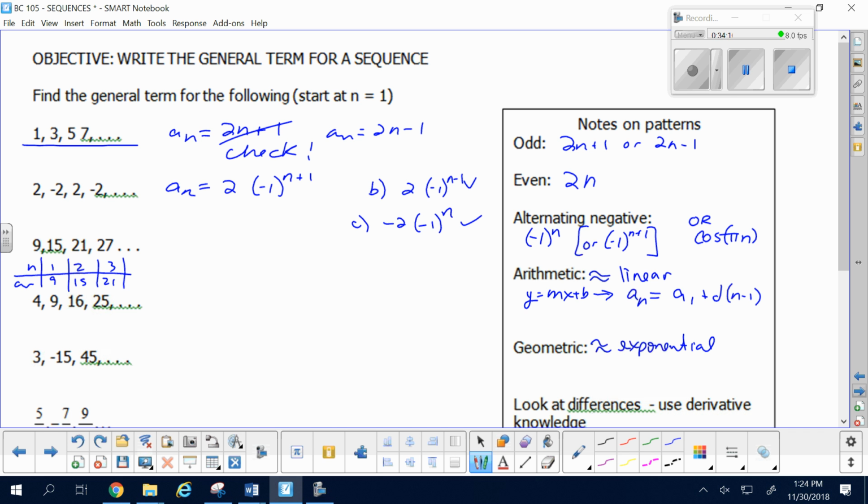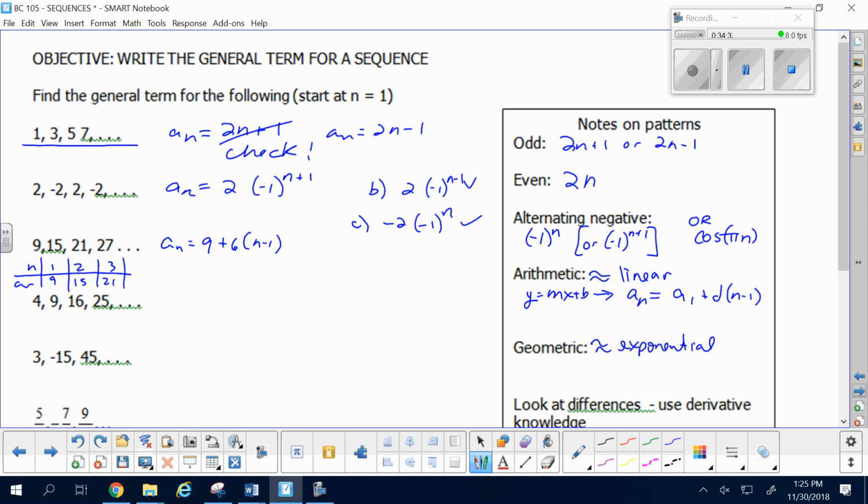So in this case, for example, you could say the nth term would be just to start at the baseline of 9 and add, what are we adding each time? 6 and n minus 1 times. Follow? All right.